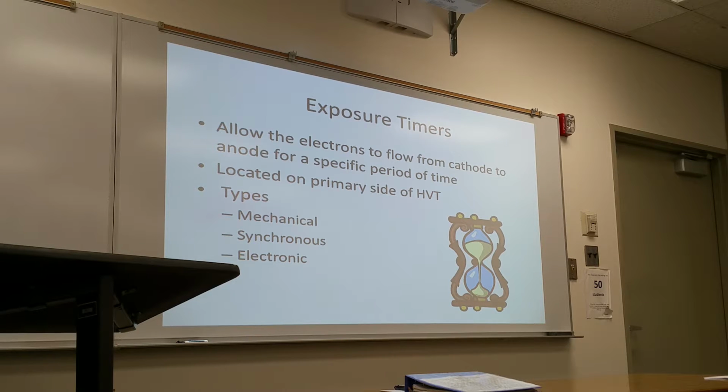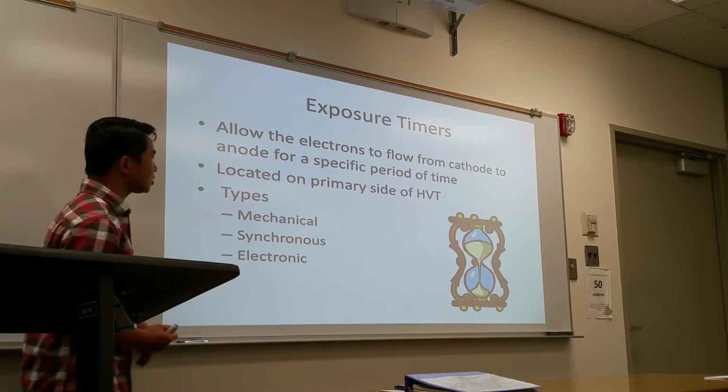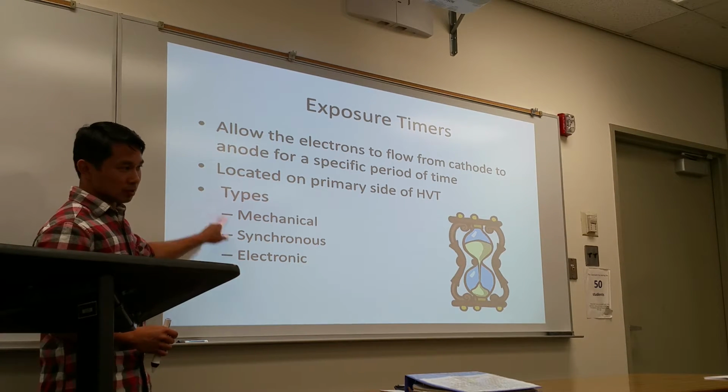In X-ray, the length of exposure time is usually a fraction of a second. And different timers have been built over the years in the imaging system. We can start from the least efficient to the most efficient.